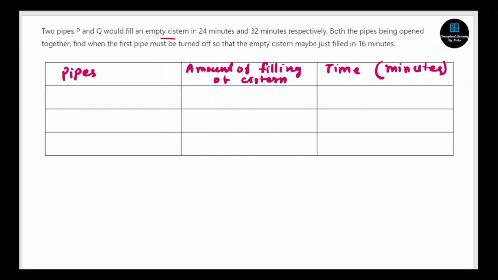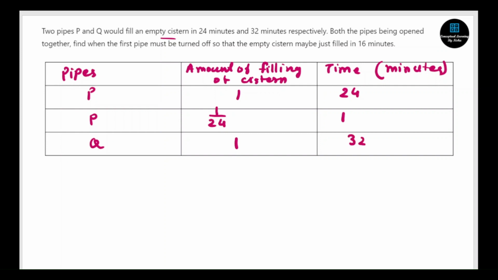All right, now what they are saying: two pipes P and Q fill an empty cistern in 24 minutes and 32 minutes respectively. Means P can complete one cistern in 24 minutes. So again the same logic. P can fill 1 over 24 of the cistern in 1 minute, right? Then Q can complete one in 32 minutes.